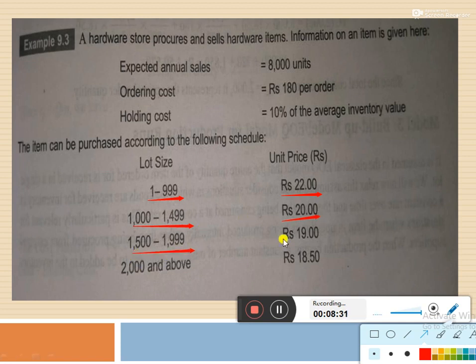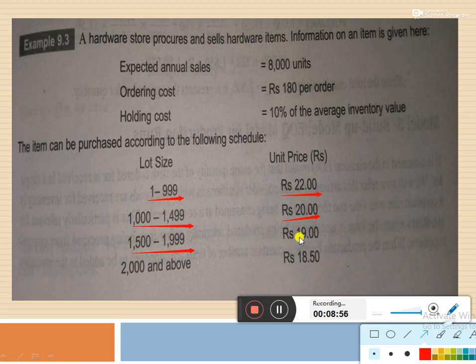Similarly, in the third case, we would get the unit price equal to 19 rupees if the quantity ordered lies between 1500 to 1999, and if the order level is 2000 or above, then we would get the delivery at the rate of 18.5 rupees per unit.